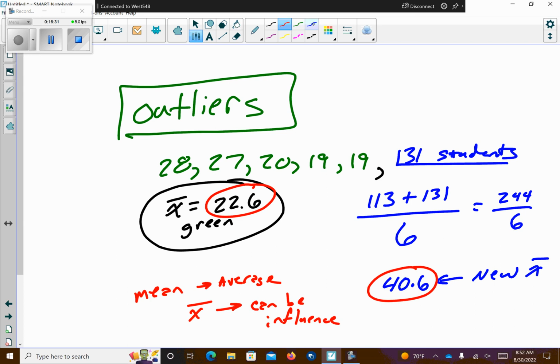I'm going to take this same data and we're going to talk about something called the median. And the median is the middle of our data. The median is relatively easy to find. So I'm going to highlight this first part here.